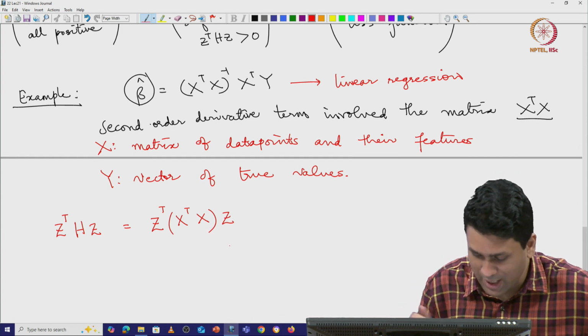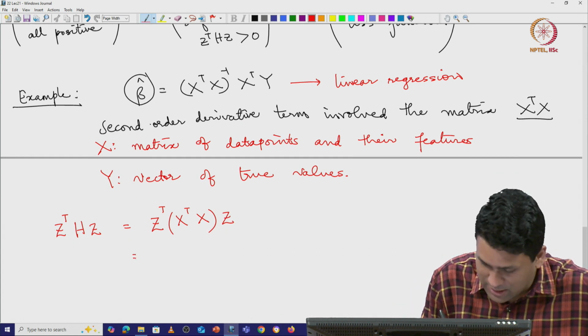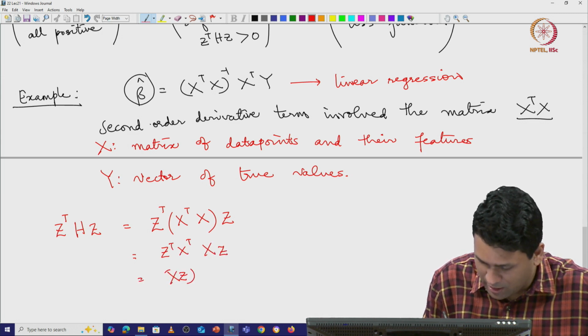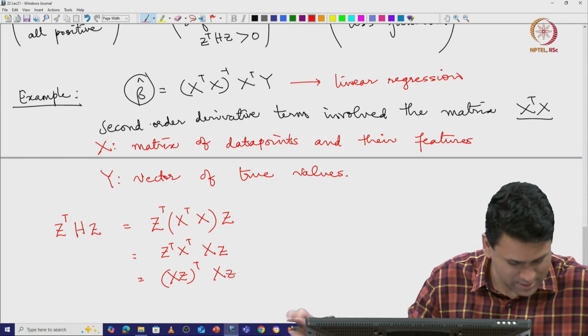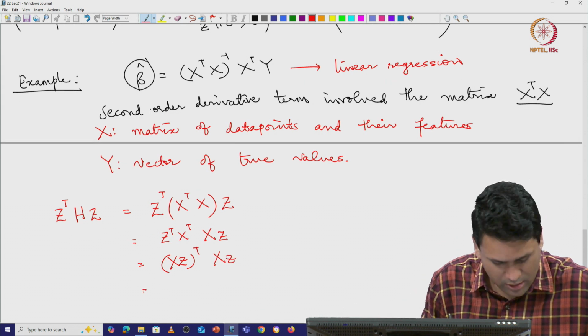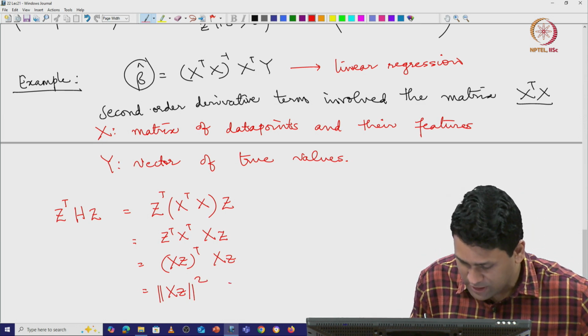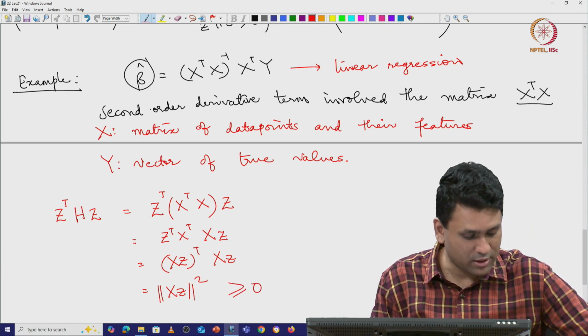So, this is what we get, and you can rewrite this as z transpose X transpose times Xz. That is basically (Xz) whole transpose times Xz, which is essentially the norm of Xz squared, and this obviously will be greater than or equal to 0.